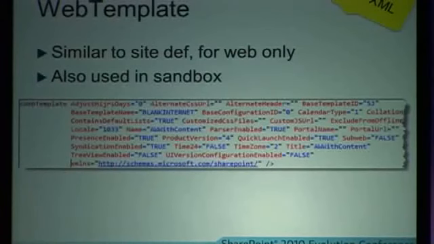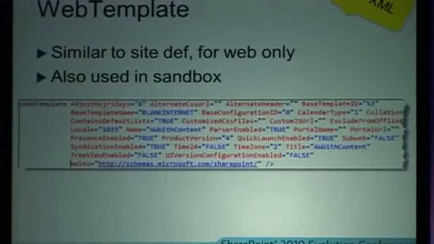The reason Microsoft had to create this is because site definitions live in the SharePoint root. Microsoft wanted something that could be used as a web template within the sandbox. You might have learned already that the sandbox cannot touch the file system. It cannot call out to lots of external APIs and things like this. So this allows you to have web templates, but in the sandbox.